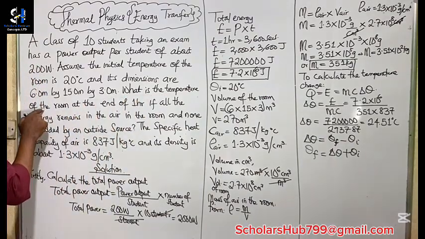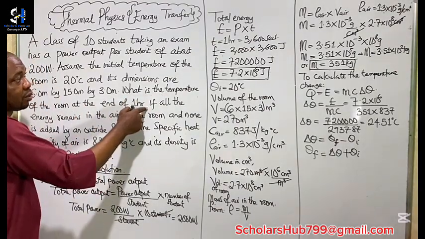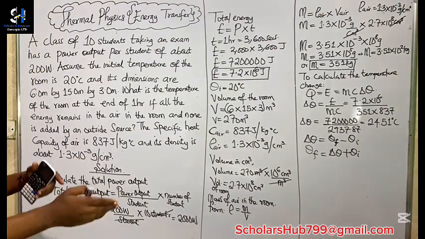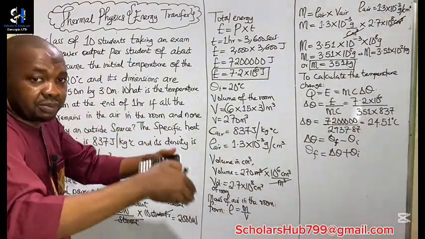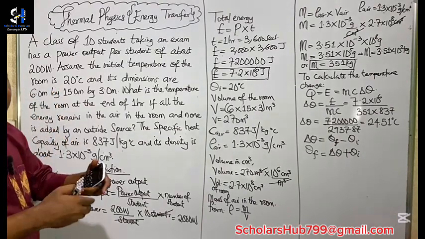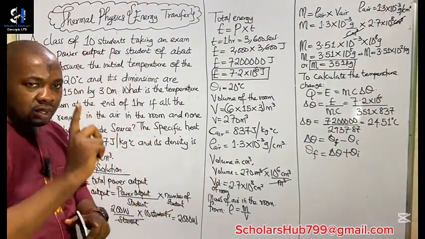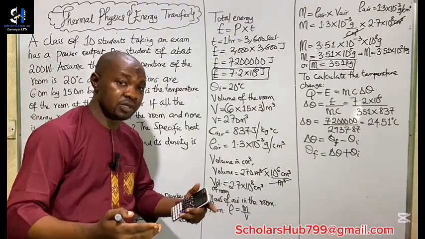What is the temperature of the room at the end of 1 hour? That is, what is the new temperature when the initial temperature of the room is 20 degrees Celsius, at the end of 1 hour, which is 3,600 seconds.